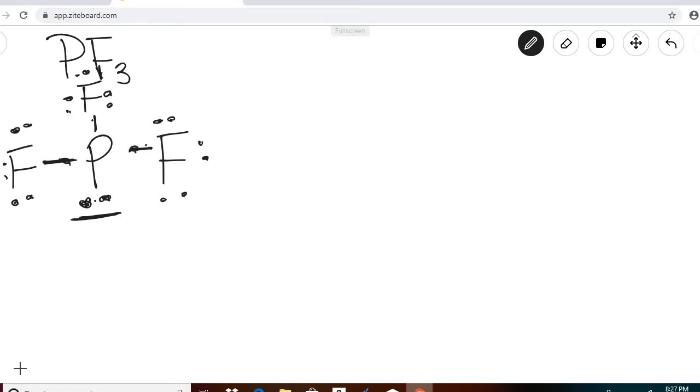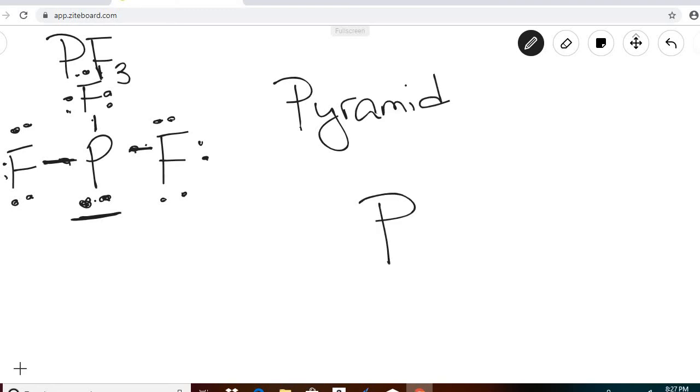So because it has 4 and 1 is not bound, this would be a pyramid shape. And so we would draw it like this, one coming out like that, and then we'd have the triangular one to indicate that it's going forward, and this one to indicate that it's going back. Okay, so that's the pyramid shape.